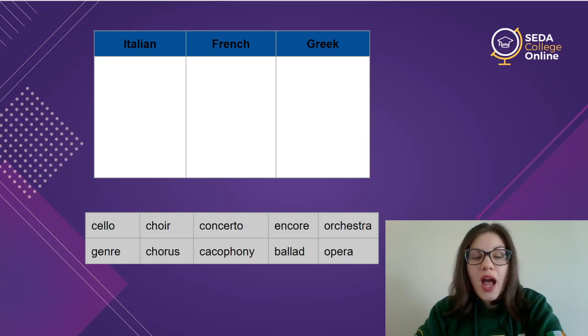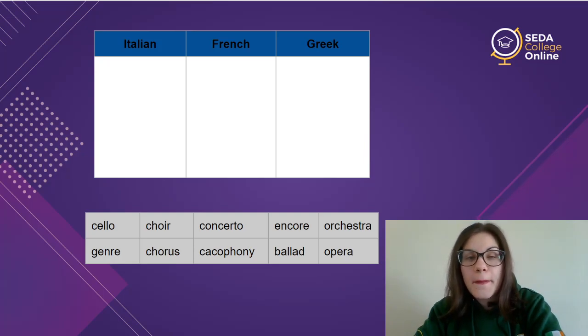So you have the words cello, choir, concerto, encore, orchestra, genre, chorus, cacophony, ballad, and opera. And I want you to try and put them into categories according to the language from which they originate.